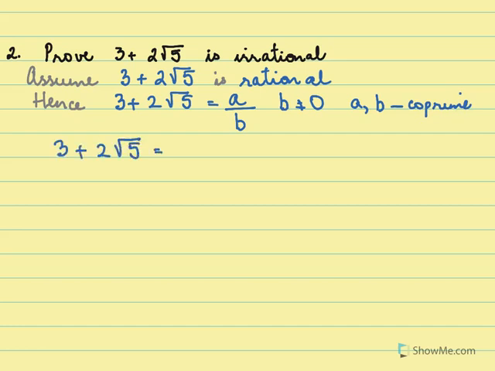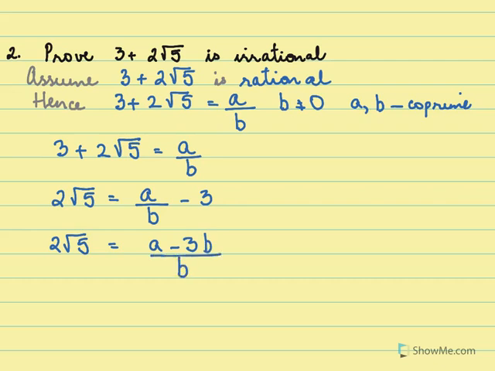On rearranging, we get 2 under root 5 equal to a over b minus 3. So 2 under root 5 equal, take the LCM here, a minus 3b over b. So root 5 equal to a minus 3b over 2b.